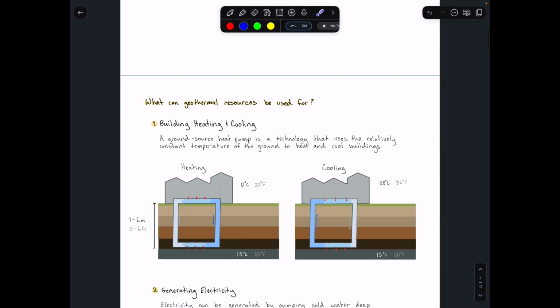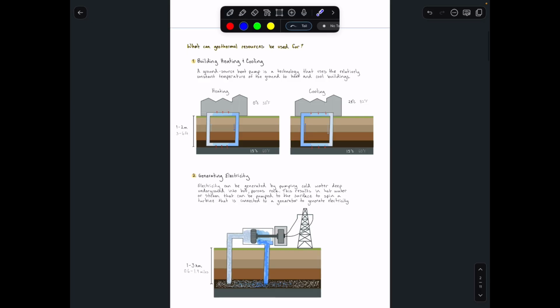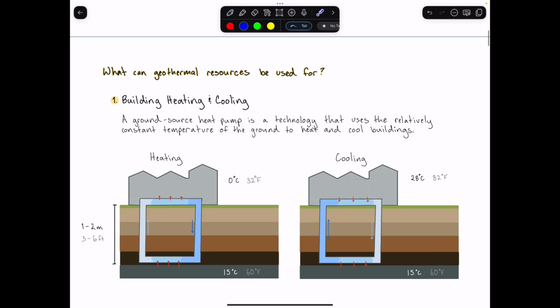Now, what can geothermal resources be used for? There are two main applications: building heating and cooling, and electricity generation. For building heating and cooling, there is a technology, this little loop I've drawn here, called a geothermal heat pump, also known as a ground source heat pump.